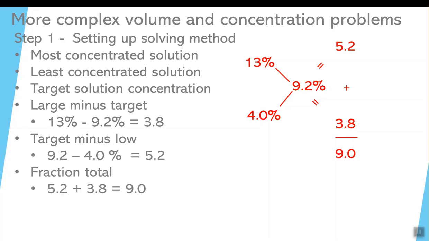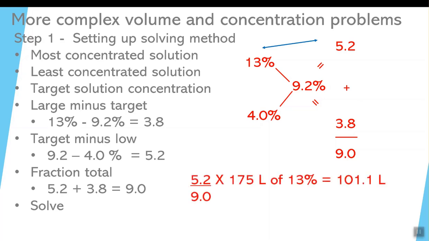So notice right here, the number 5.2 associated with the 13% is bigger than the 3.8 associated with the 4%. So again, we know that we're going to need more of the 13% and less of the 4%. Now, the solution that we use to solve: first of all, we connect that 13% with the 5.2, and that gives us a little bit of a fraction.